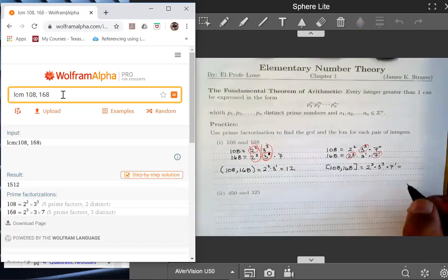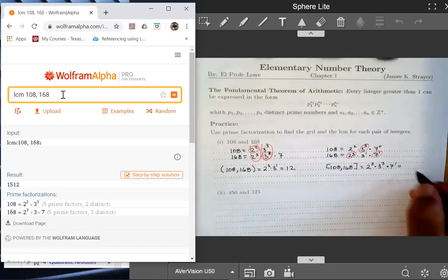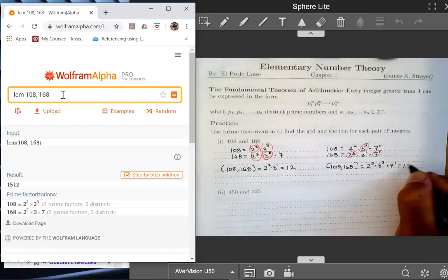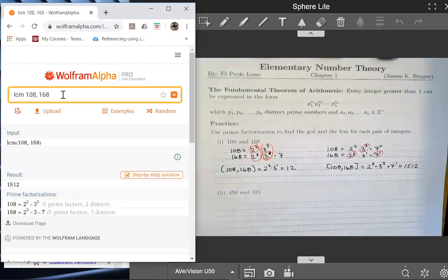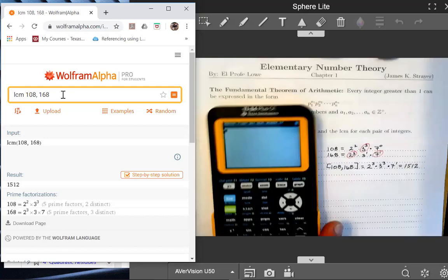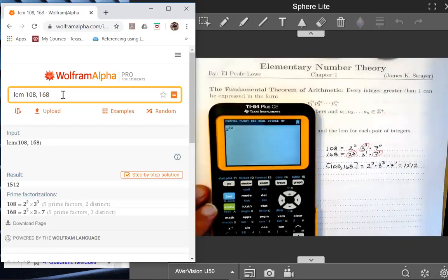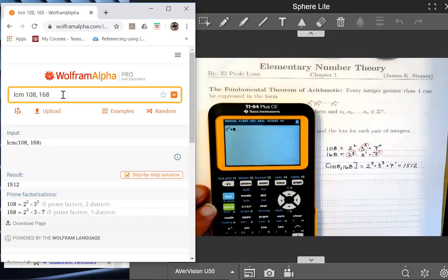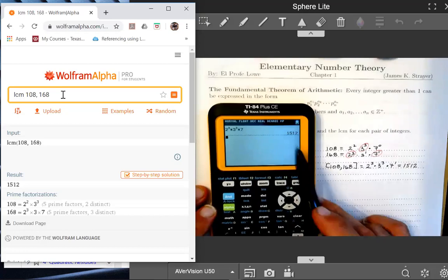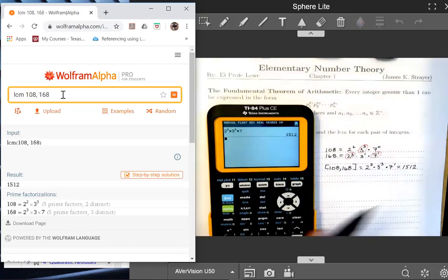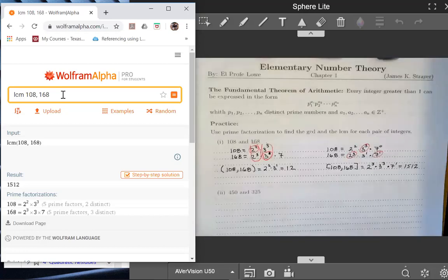And if we multiply that out, we should get 1,512. All right, and of course, we can come over here and just double check that that is true. We'll say 2 to the third power times 3 to the third power times 7, and there is that 1512, okay? So fairly straightforward.